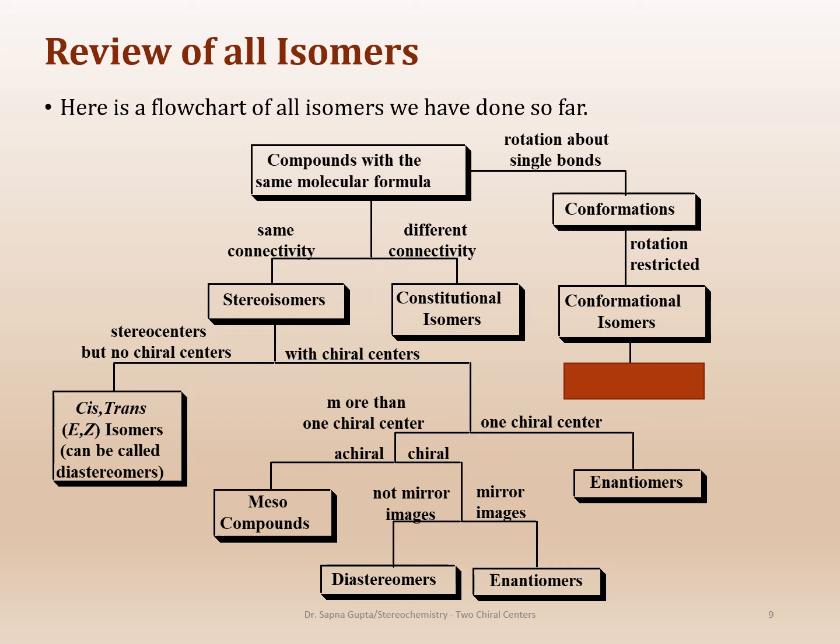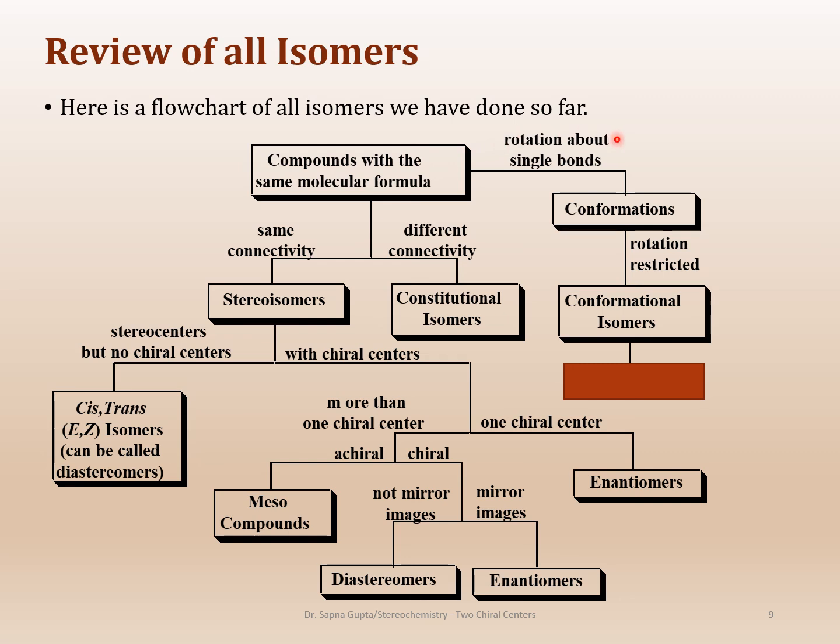Here is a nice chart, okay, of everything that we have done as far as isomers are concerned. So compounds that have the same molecular formula, okay, you can have two different kinds. You can have constitutional isomers, you can have stereoisomers.